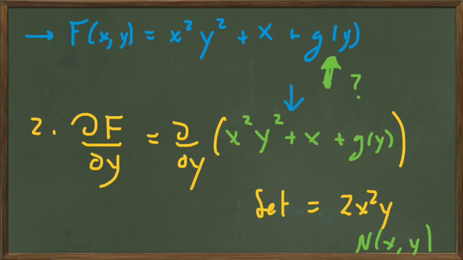So what is the partial of this with respect to y? Well, we'll treat the occurrences of the other variable as if they are constant. So those boxed in are treated as constant, and in the x squared y squared term, we repeat the constant and multiply by the partial of y squared with respect to y, which is 2y.